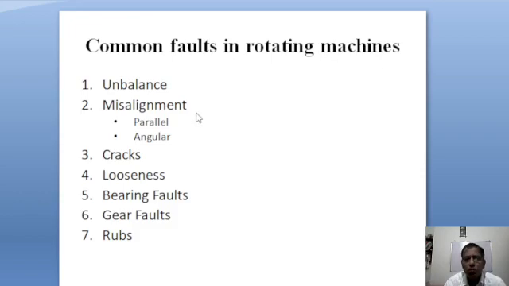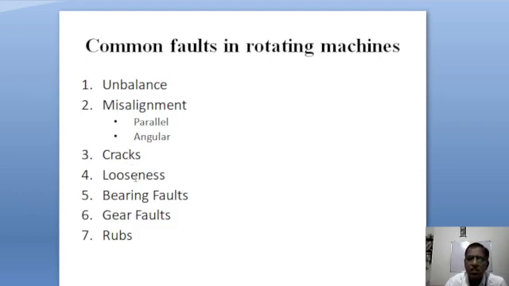Now these are the faults: unbalance, misalignment. Misalignments are categorized into parallel and angular misalignments. So misalignments are basically related to shafts. Unbalance is related to the rotor. Cracks are related to gears, bearings, shafts.